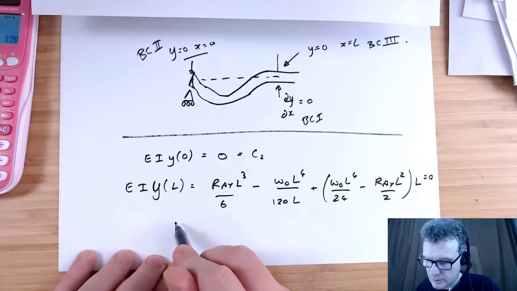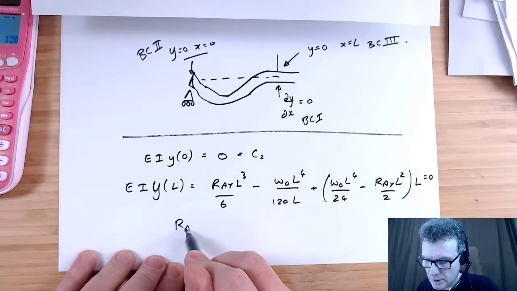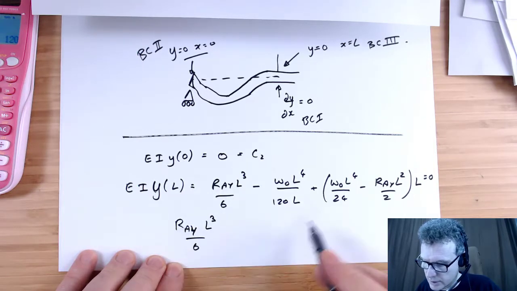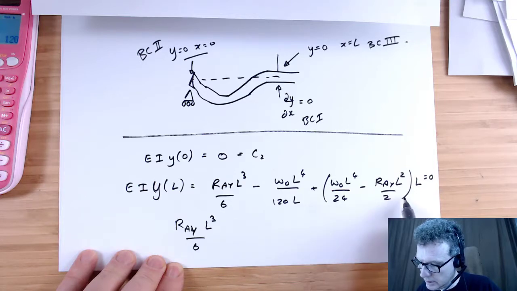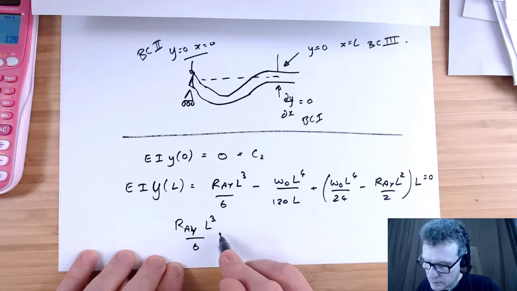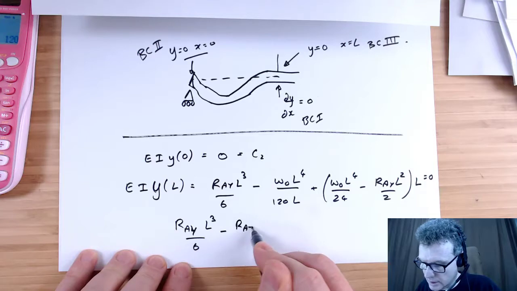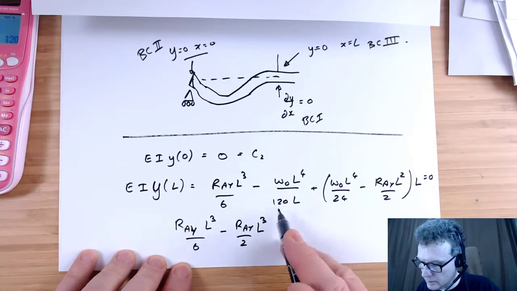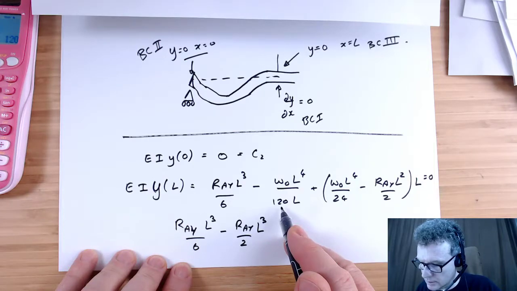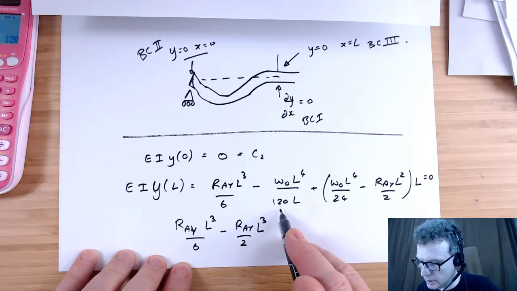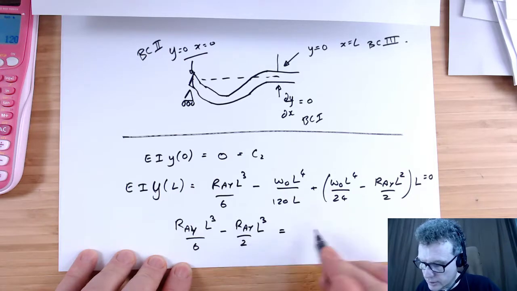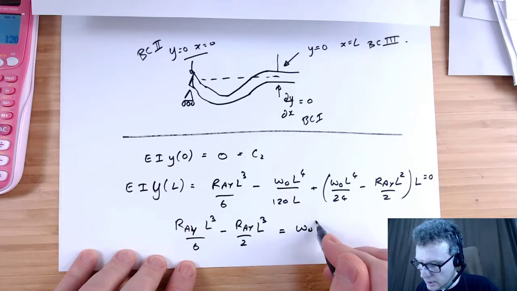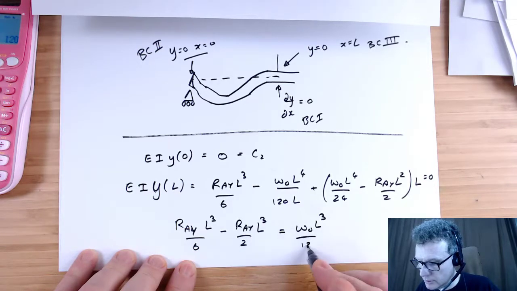So tidy this up, we get RAY times L to the power 3 over 6, and here I've got to take away RAY over 2 L to the power 3. Okay, this I'll move over to the right hand side, so I've got W0 L to the power 3 over 120.